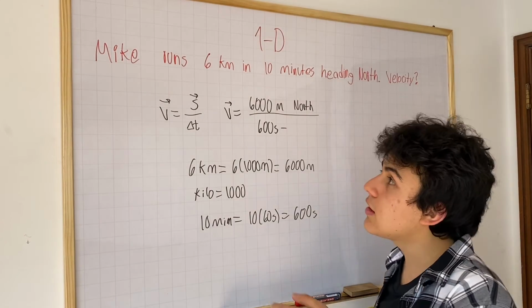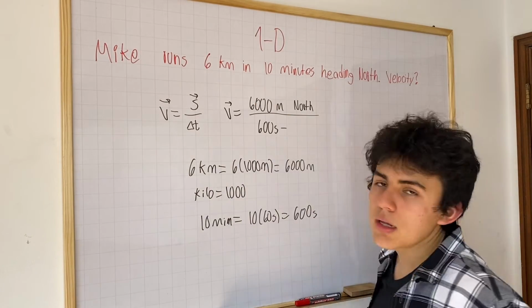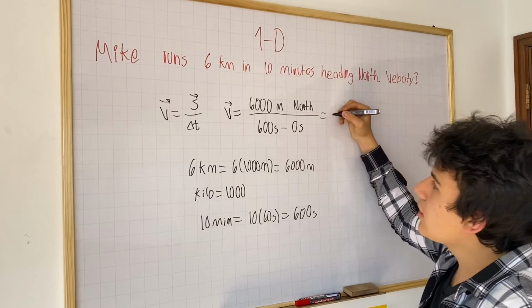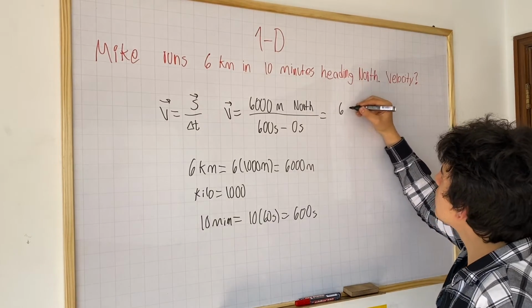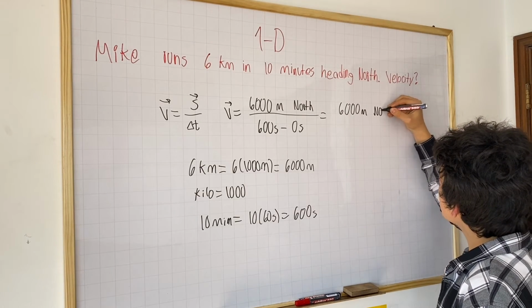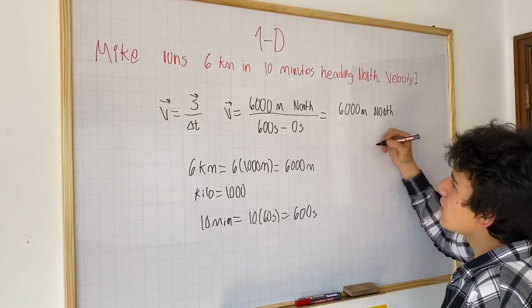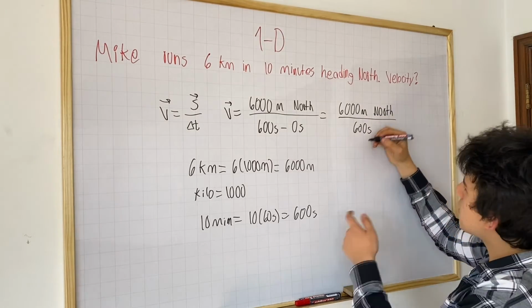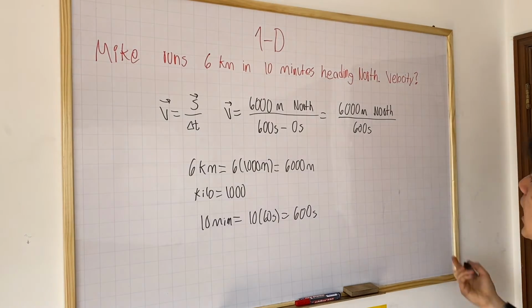Well, that is when he started running the 6 kilometers, which is simply 0 seconds. And so you're going to get that this is equal to 6,000 meters north. You can't forget about the direction, divided by 600 seconds, I'm sorry.